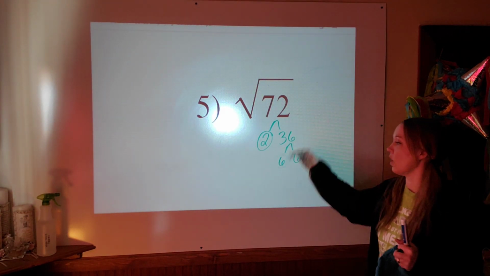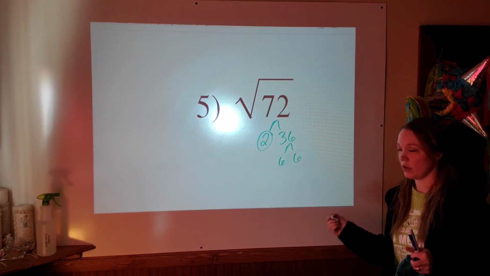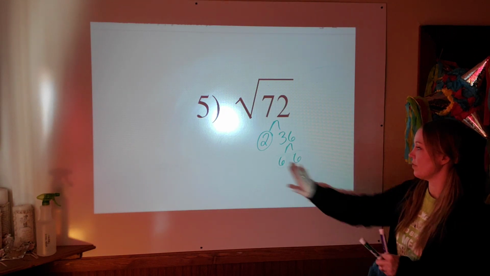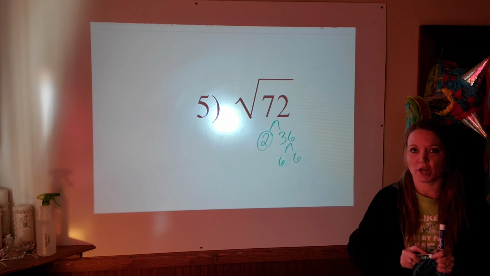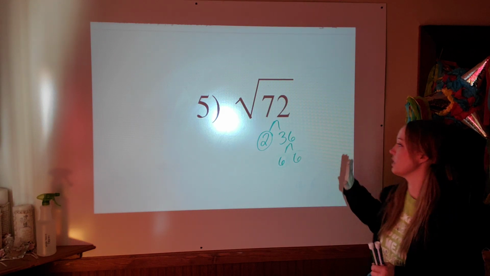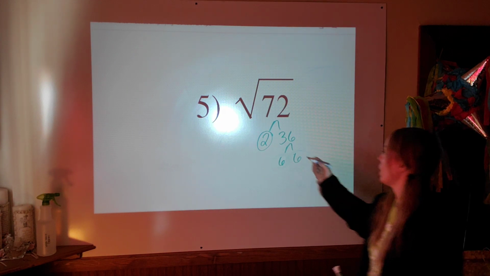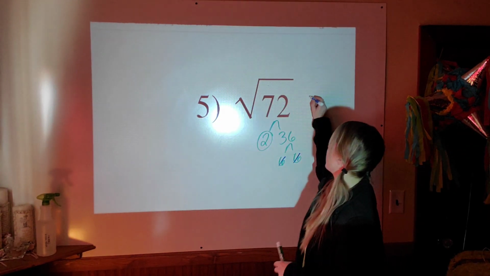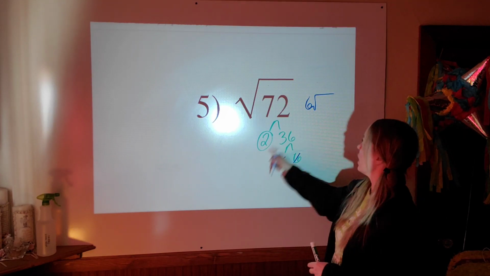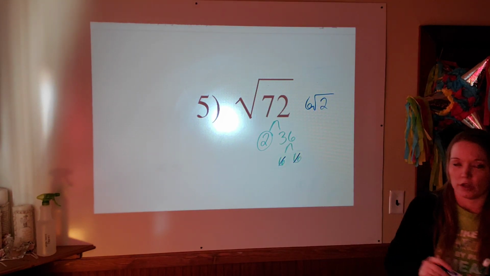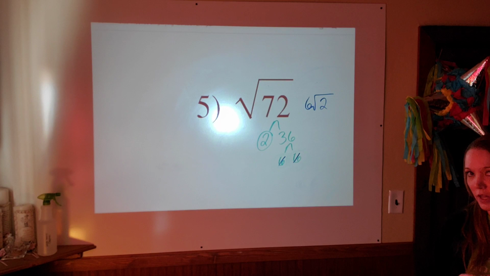Instead of continuing on to the primes, once you have a number repeating, even if it's not a prime number, you can go ahead and take that number out in front. So like I have a 6 repeating, so I would take that 6 and put it out in front of my square root symbol, and I have a 2 left. So that's a cheat.